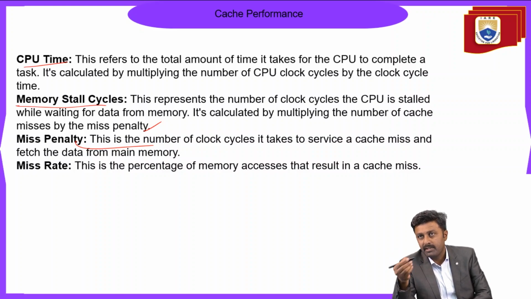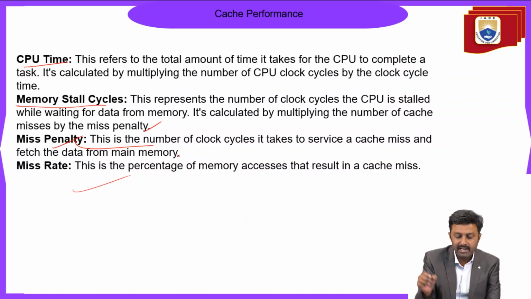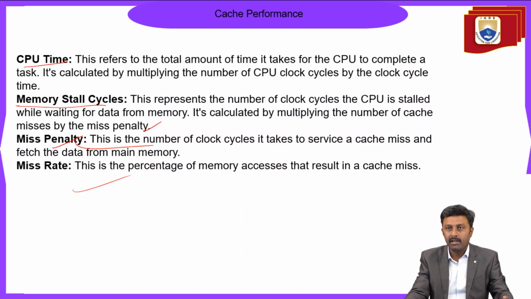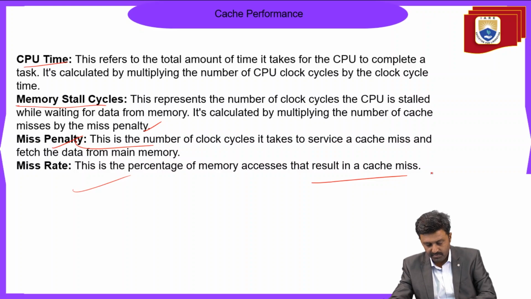That is, after missing the cache, the time taken for that plus the time to fetch the data from the main memory, so both times are calculated in the miss penalty. Then the miss rate is the percentage of memory accesses that result in a cache miss. So these are some definitions we have to remember.